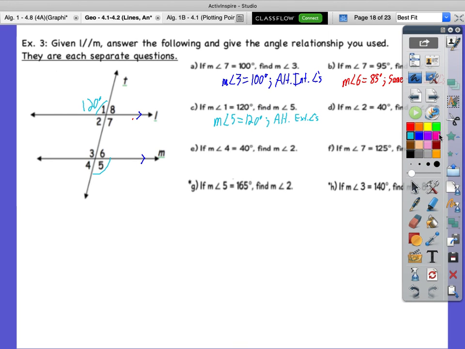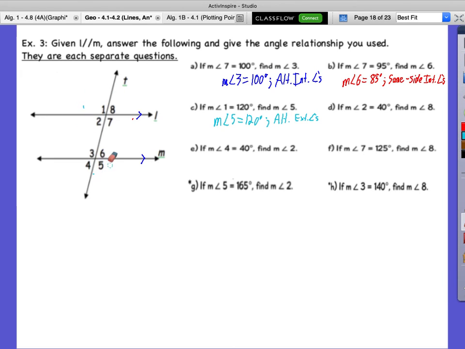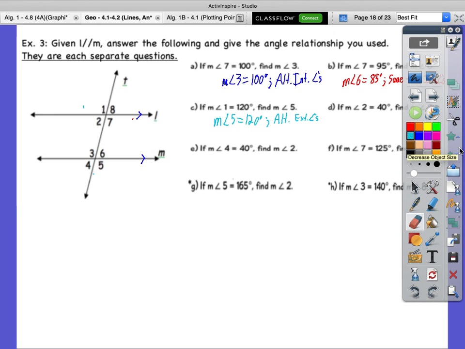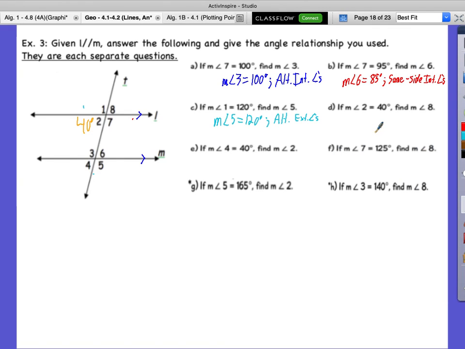Look at letter D here. We're given the measure of angle 2 is 40 degrees, and we're asked to find the measure of angle 8. In order to figure that out, we have to figure out the relation.